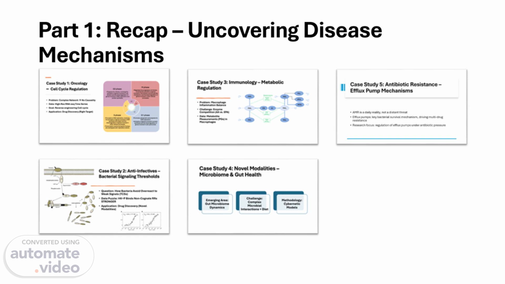In immunology, diabetes, modeling metabolic regulation for inflammatory balance, exploring novel modalities in microbiome and gut health, dissecting competitive and cooperative interactions. And finally, in antibiotic resistance, quantifying efflux pump mechanisms. Each case demonstrates the power of our methodologies to generate deep, actionable insights in drug discovery and preclinical stages.